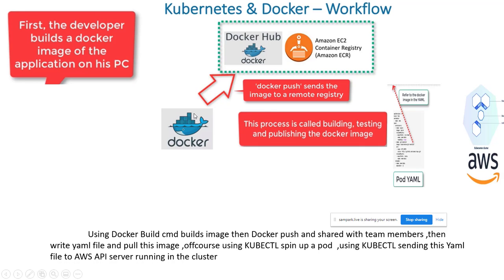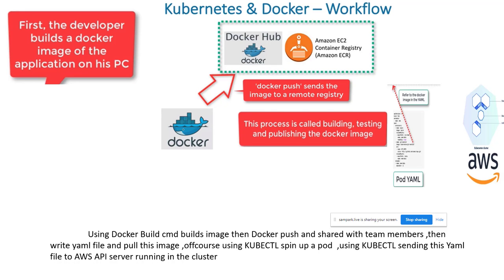For example's sake, we are using Docker Hub here. So you do a Docker build, then a Docker push, and then you share with your team members that your Docker image is done and pushed to the registry.